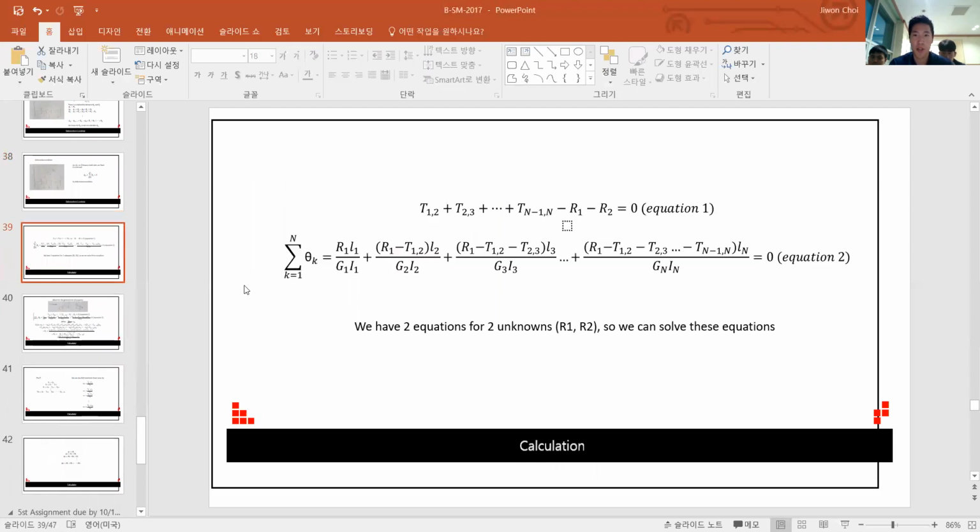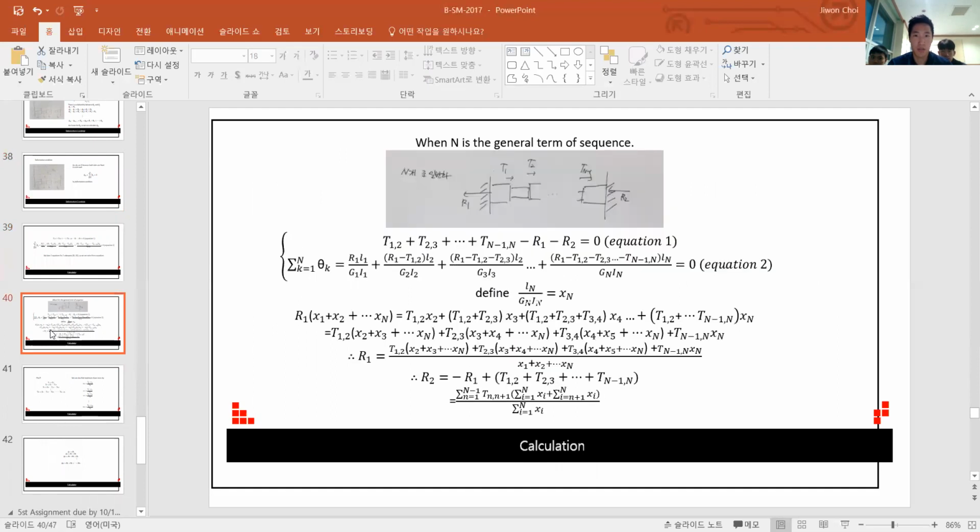So here we have two equations, and there are two unknowns, R1 and R2. So we can solve these equations. This is the process of how we found R1 and R2.